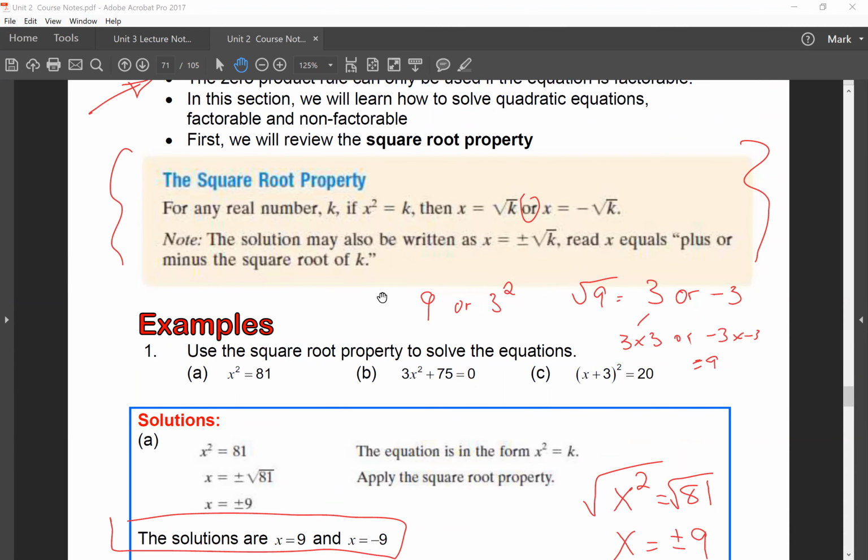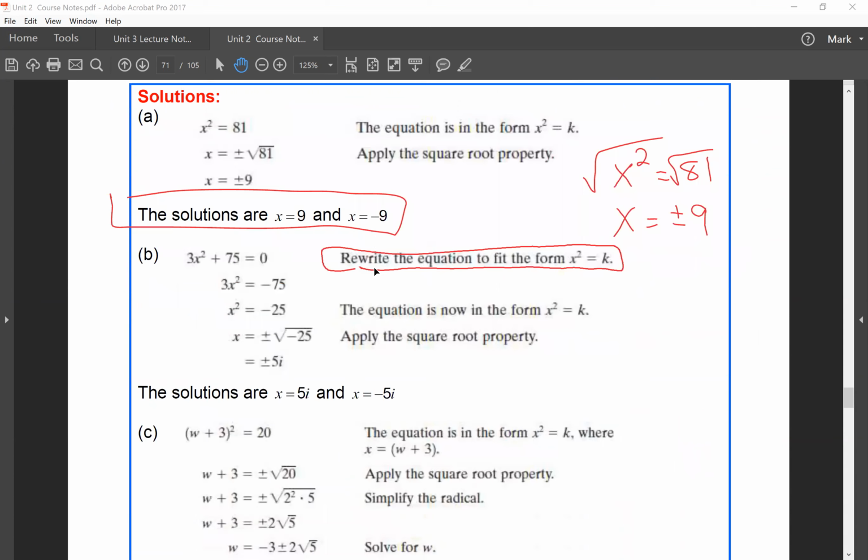But k is the number they choose. So I'm going to move the 75 over, which gives me the negative 75. Then I'm going to move the 3 over, meaning I'm going to divide both sides by 3. That's where I get the next part. x squared equals negative 25.